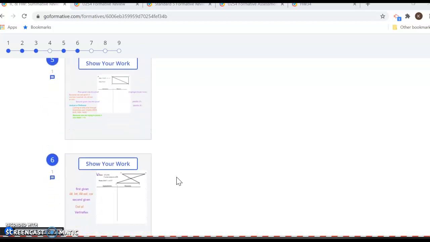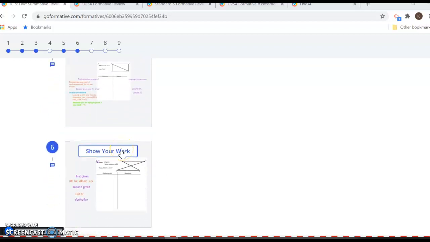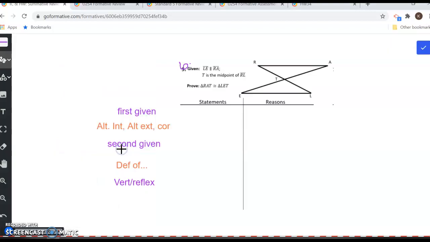So I'll scroll down here and click into the show your work for number 6. Off to the left-hand side, I do have some little bits of information, kind of some notes, little hints about how the steps are going to go. When you actually get to the assessment for Standard 9, the summative, it will give you numbered steps.